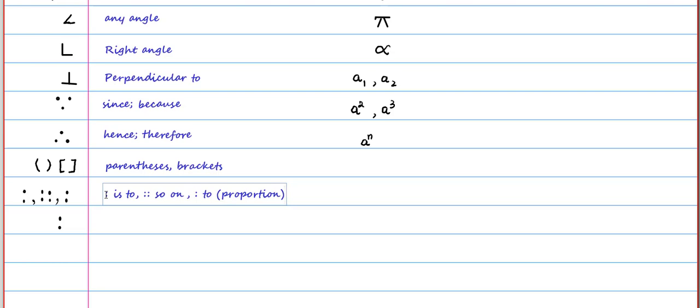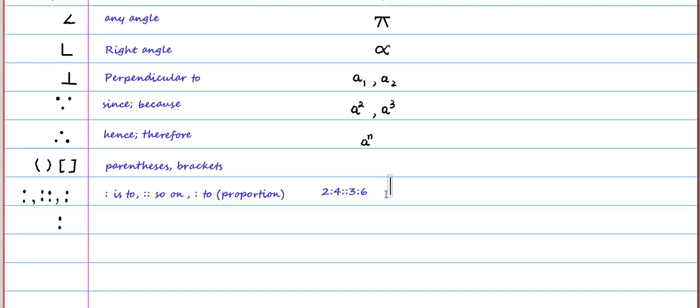Got it. So before this double dot is 'is to', the first number will be 'is to', so on, and then 'to' proportion. Let's take an example. For example, we have some numbers like this: 2 ratio 4, proportion 3 ratio 6. Then what does this mean?